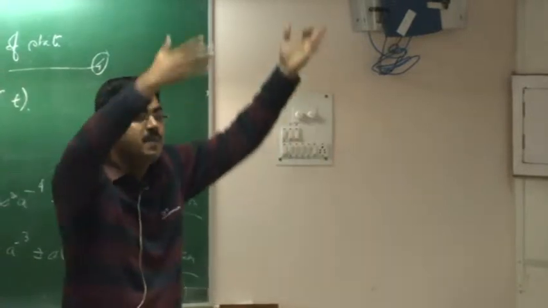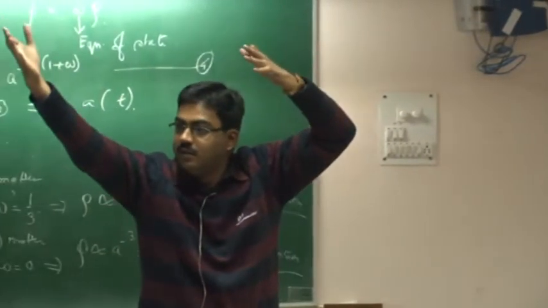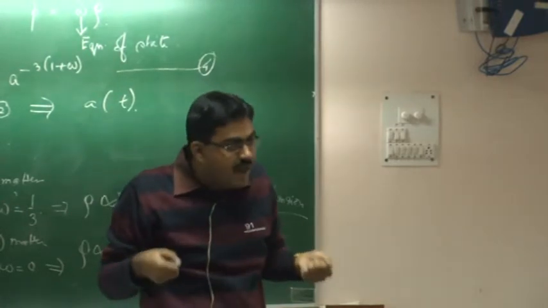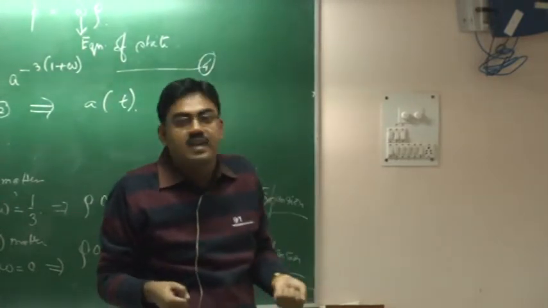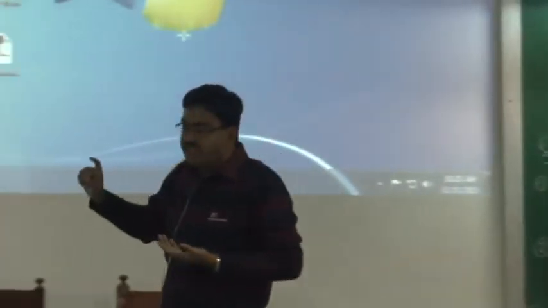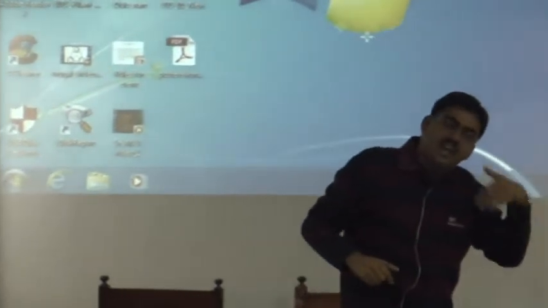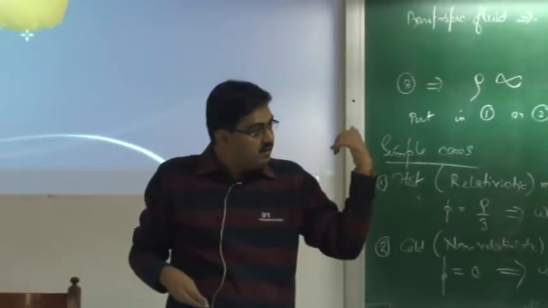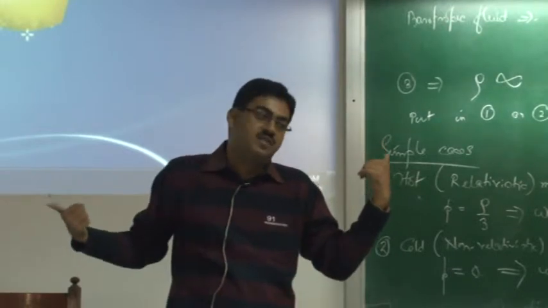You can't say that this much amount of matter is 5 grams or 5 kg. You cannot measure it with a spring balance. So you define a new scale which is called the critical density, and you measure every parameter in terms of how many times that density is with respect to the scale.